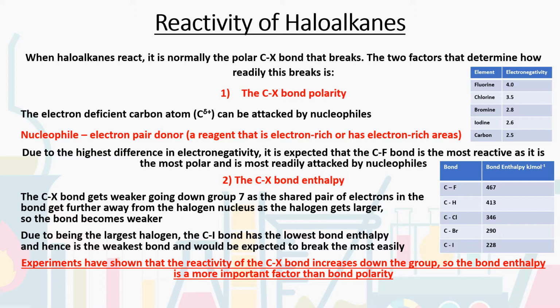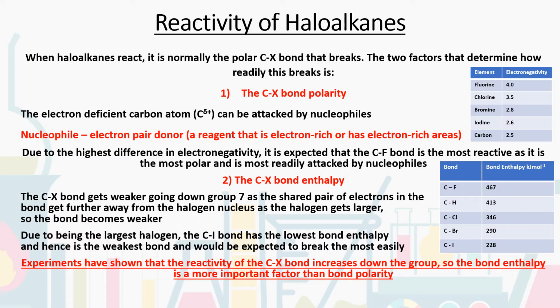Now, due to the highest difference in electronegativity, it would be expected that the C-F bond would be the most reactive. It's the most polar bond and therefore the most electron deficient carbon, and therefore the most readily attacked by nucleophiles. However, the other factor to consider is the C-X bond enthalpy, the strength of the bond. We can see from the table on the right that as we descend group 17, the C-X bond gets weaker.